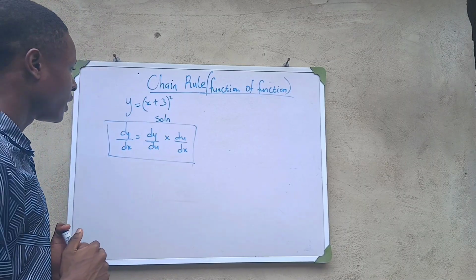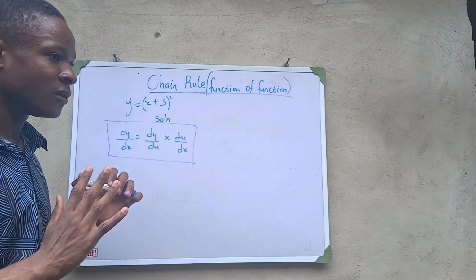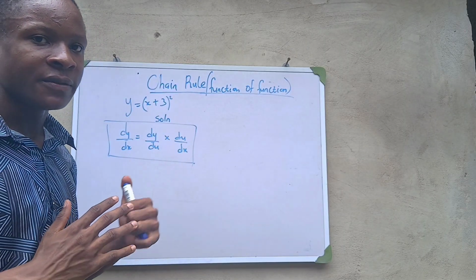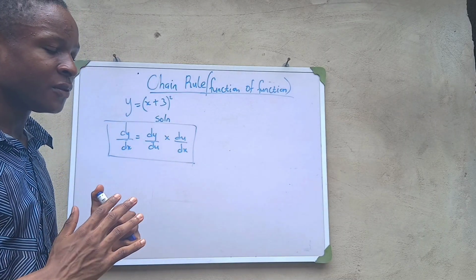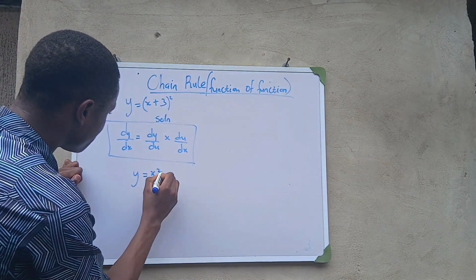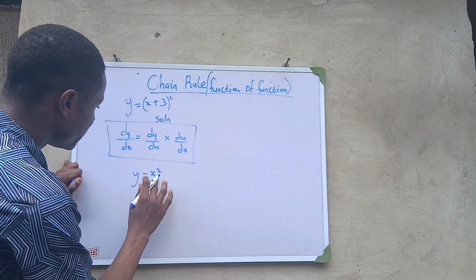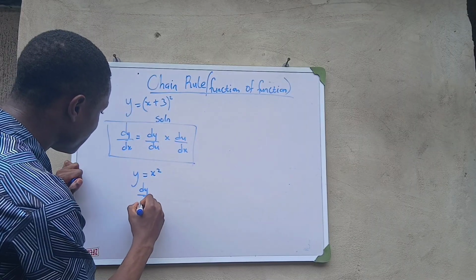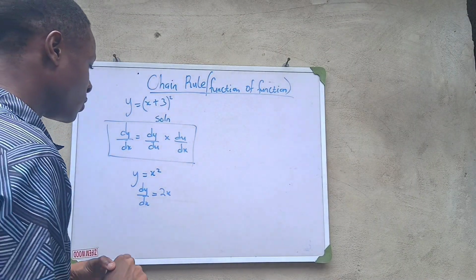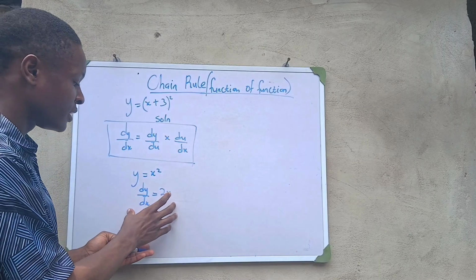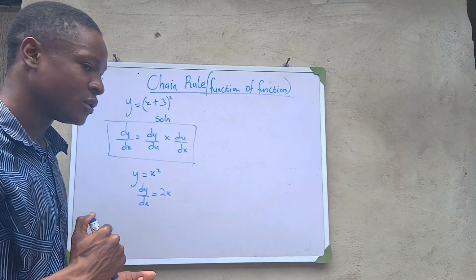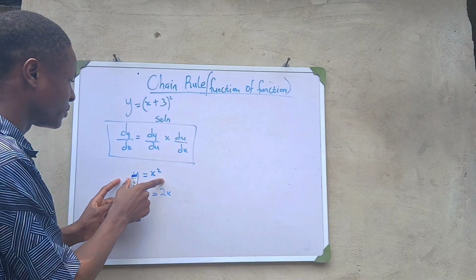So now for us to easily solve this, normally when we talked about differentiation in our previous video for simple functions where we have y is equal to x squared, differentiating it with respect to x, we have dy over dx which is equal to 2x.